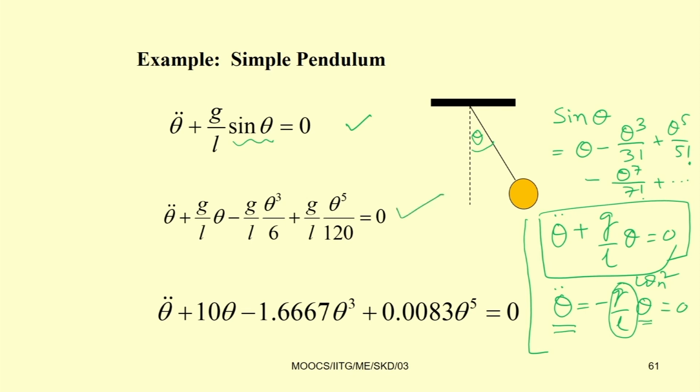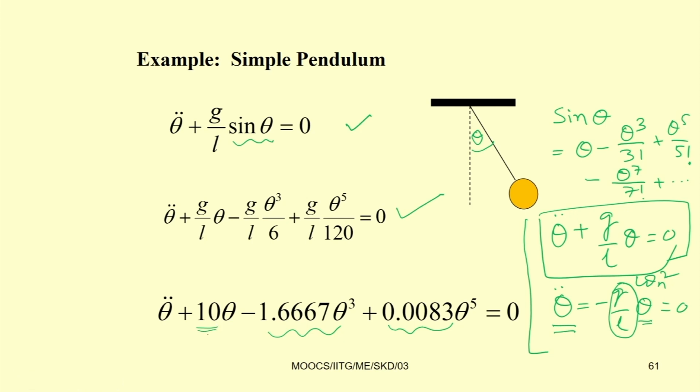Now by taking, for example, g approximately 10 and L equal to 1 meter, this equation can be written in this form: theta double dot plus 10 theta minus 1.6667 theta cubed plus 0.0083 theta to the power 5 equal to 0. You will always have a tendency to neglect this term and this term when you compare them with the coefficient of theta.